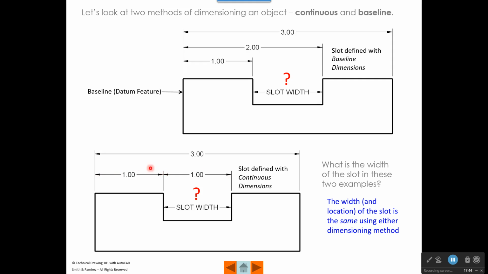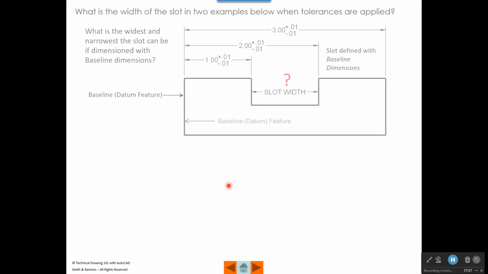Sometimes people call this chain dimensioning. They're exactly the same though for the width of the slot until tolerances are applied. So in the next slide we're going to look at what happens when tolerances are applied to this.